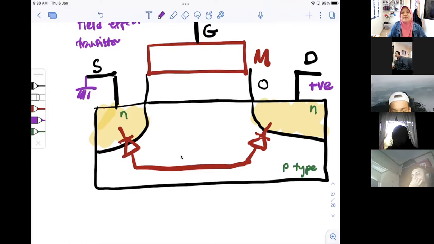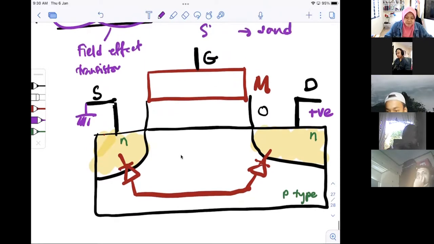Will there be current flowing? No, why? Because it is a back-to-back diode. So current cannot flow, even if you apply a positive voltage there.